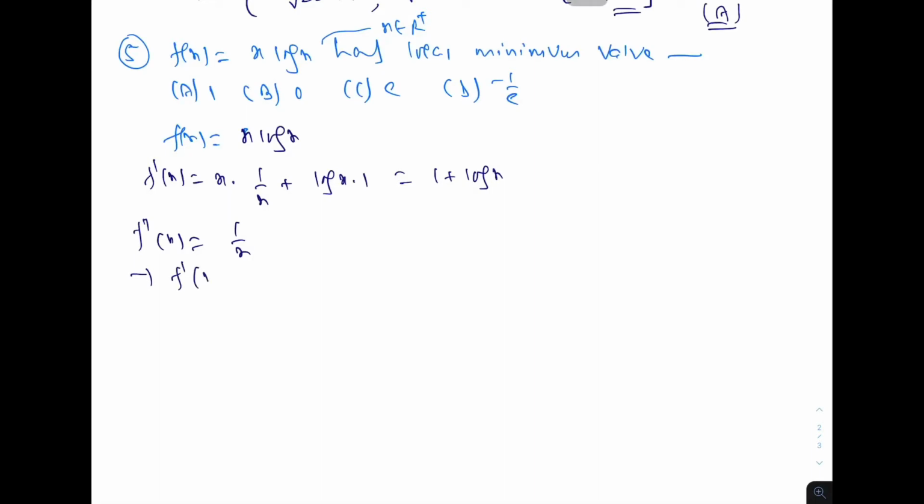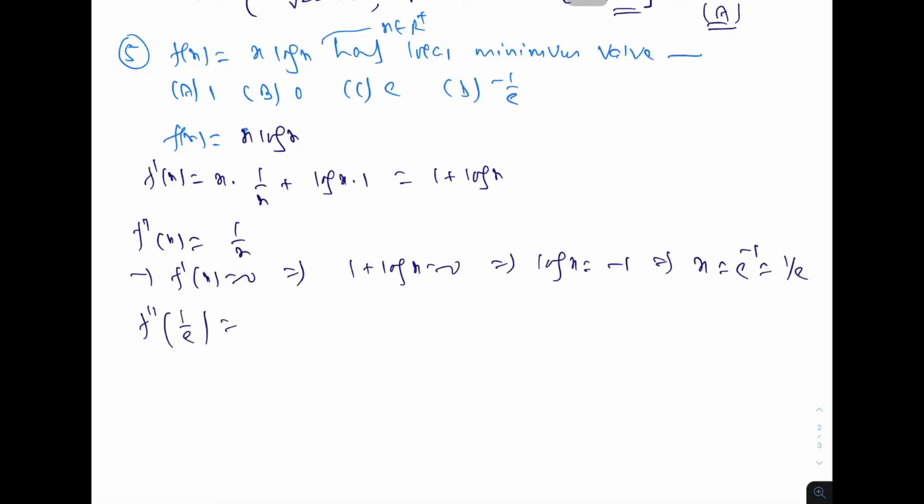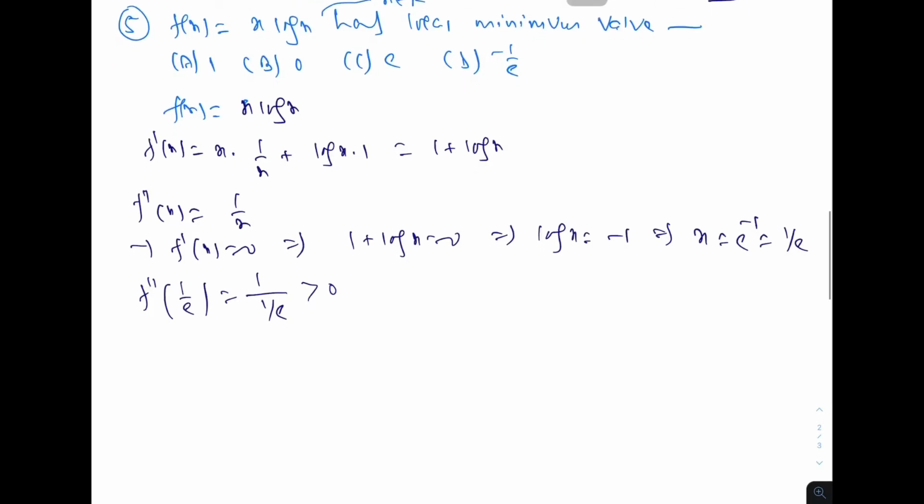Now f dash x is 0 will imply 1 plus log x is 0, that means log x is minus 1, that means x is e power minus 1, so it is 1 over e, and f second derivative at 1 over e is e, and so that is positive, and therefore f has local minimum because second derivative is positive at x equal to 1 over e.